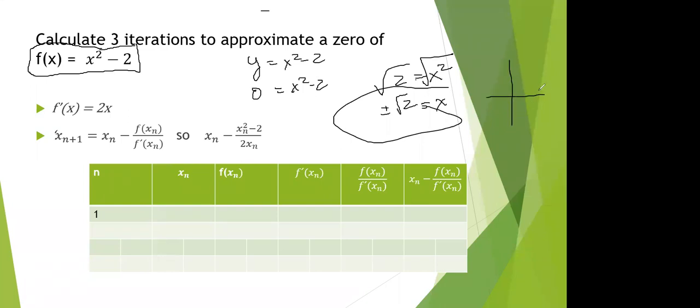If you look at this graph, it goes through the negative square root of 2 here on the x-axis, and here it goes through the square root of 2. It's a parabola. The square root of 2, if you put it on your calculator, what is it, 1.41?